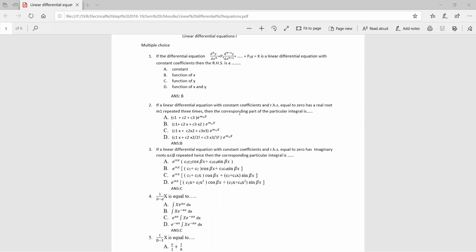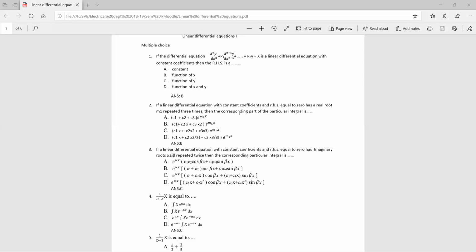Also, we have seen type 1 to type 5. These types are related to finding a particular integral. In type 1, we saw how to find the particular integral when the right hand side is of the form e raised to x or e raised to minus x. In type 2, the right hand side is of the form sin x or cos x.